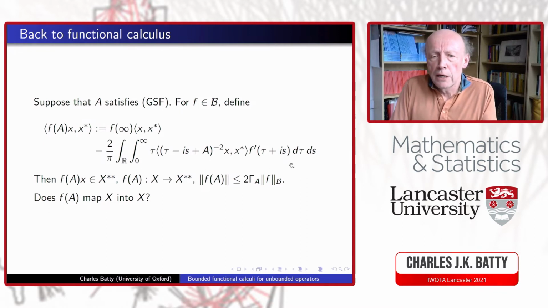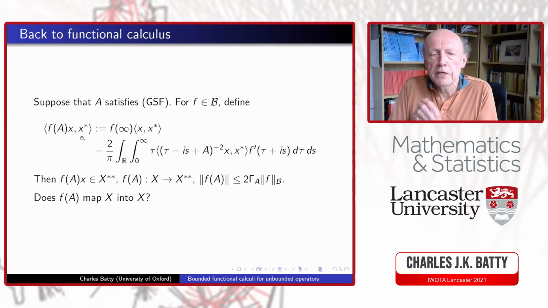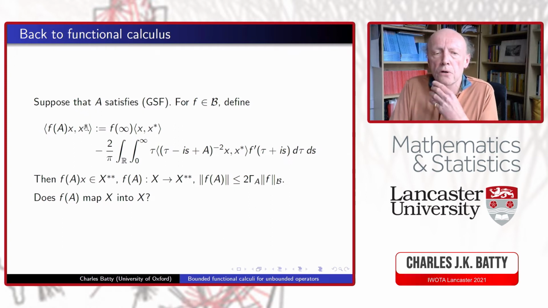And now we know that this gives us an element, f(A)x, which can be interpreted as being a linear functional on the X stars. In other words, as a member of X double star. And the norm of f(A)x is easily seen to be less than or equal to twice γ_A, a constant in the GSF condition, and then the Besov norm of f.